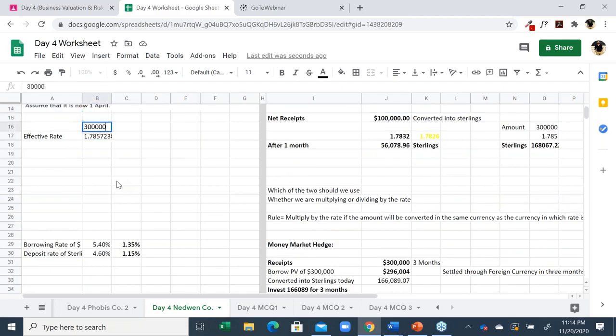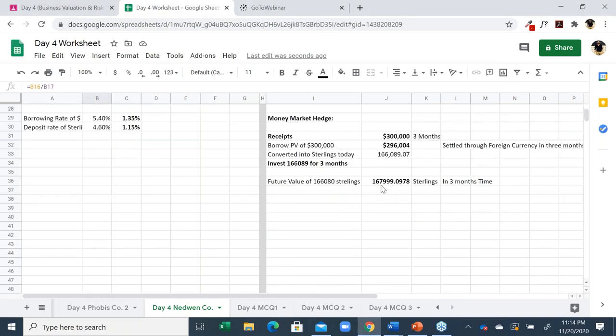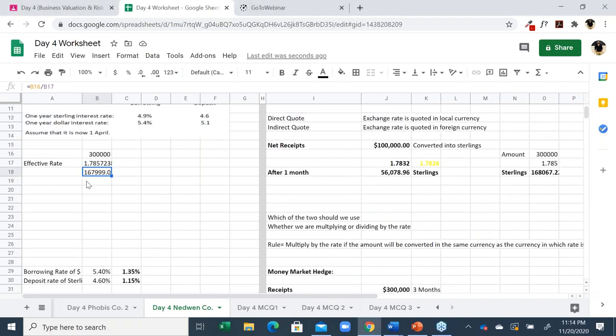Since the rate is in dollars and we are converting it into sterling, we should divide. 167,999 pound sterling, and look at this magic. In the money market, we got the same amount, 167,999.